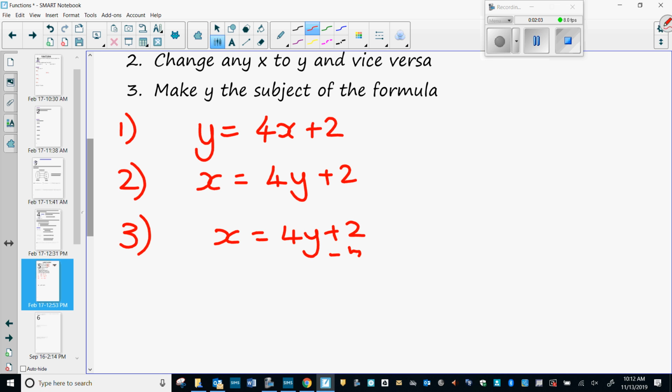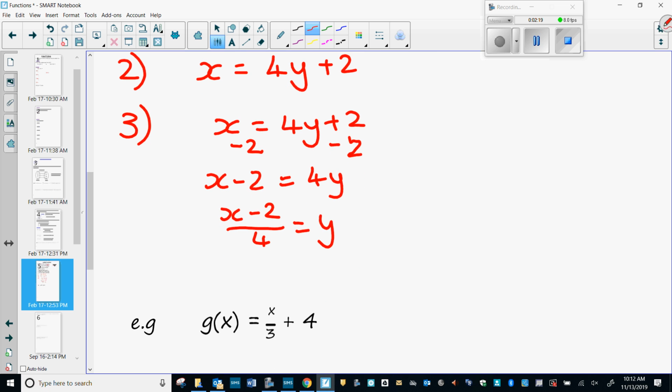We take away 2 from both sides, so we've got x minus 2 equals 4y. So (x minus 2) divided by 4 equals y. That means our inverse function is (x minus 2) over 4.